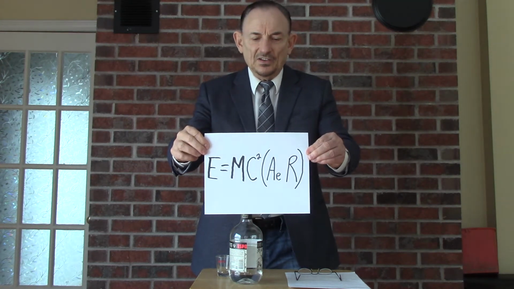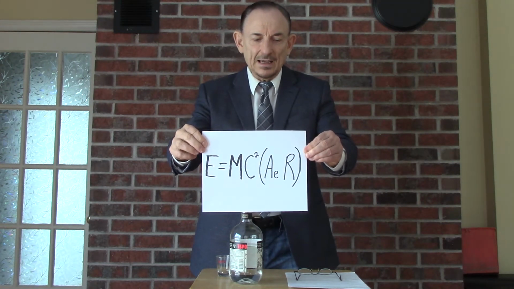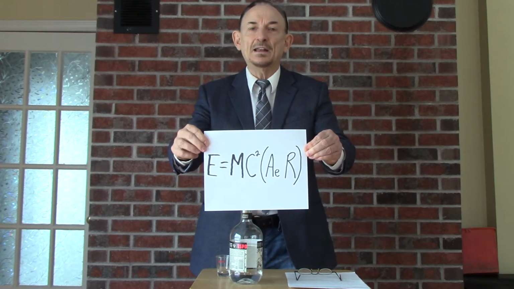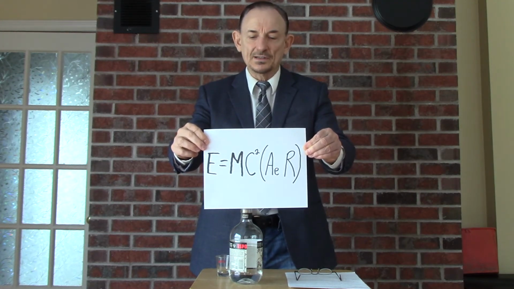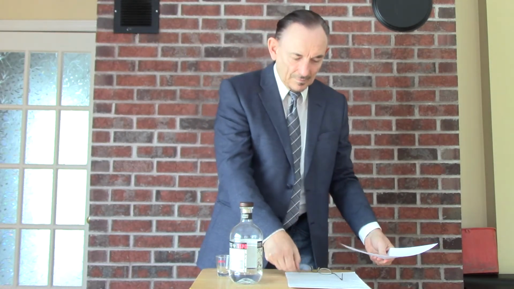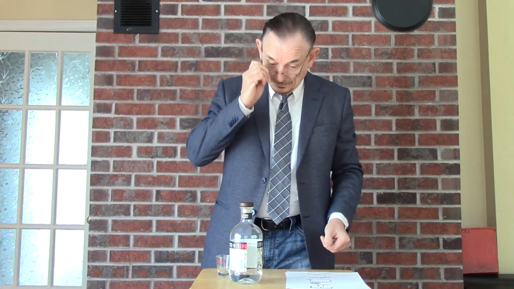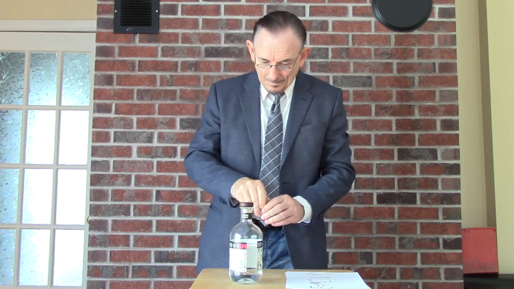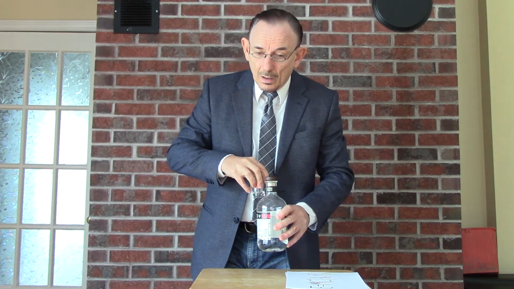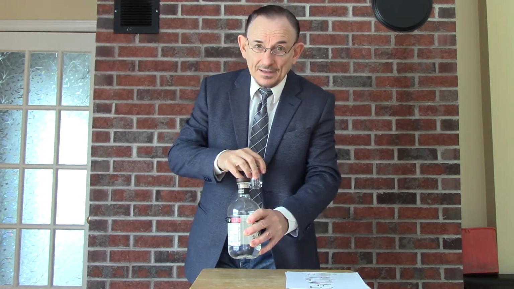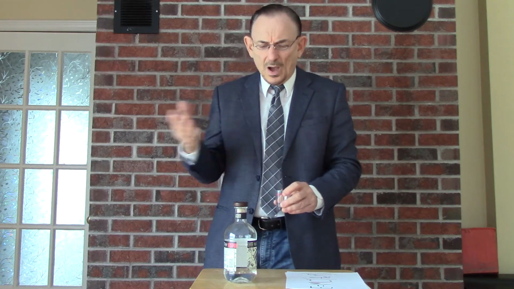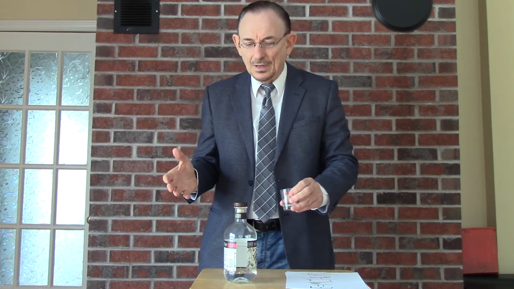E equals mc squared, then in brackets AER. AE is the effective area of a magnetic field, R is resistance. So let me explain that to you. When I looked at why this whole atom is traveling faster than the speed of light, I said, why does that happen?